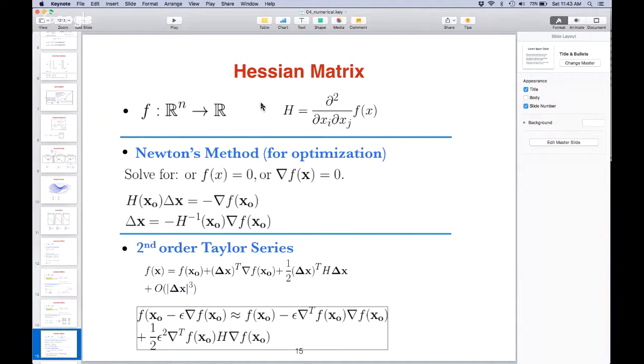It's relevant for functions that map a vector to a scalar, just like our machine learning loss functions do. I kind of explained Newton's method verbally. Newton's method for optimization boils down to this equation. Instead of the Jacobian, we have the Hessian matrix.